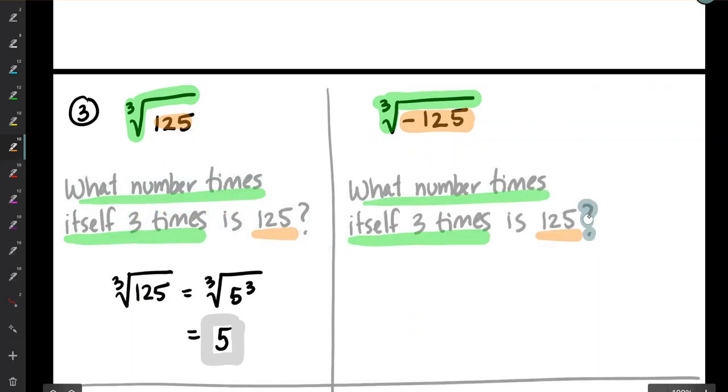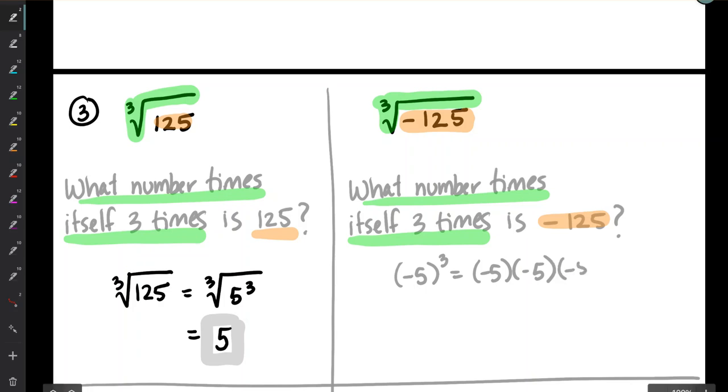It's minus 5. Minus 5 times itself 3 times. A negative times a negative is a positive, so that's positive 25 times a minus 5 is minus 125. So my answer here is minus 5.